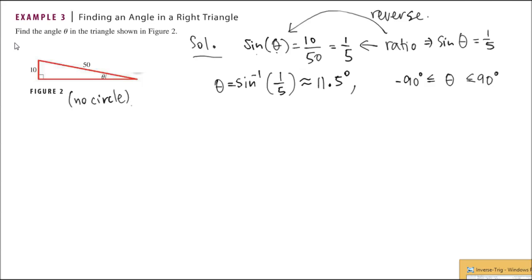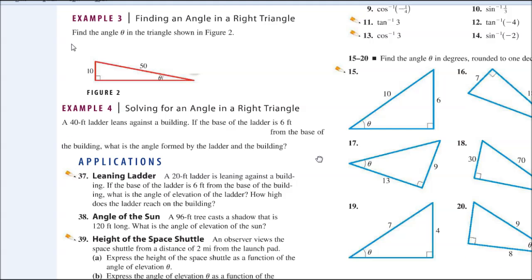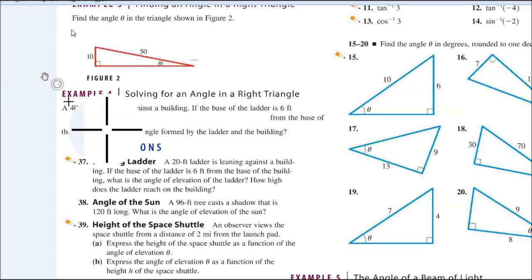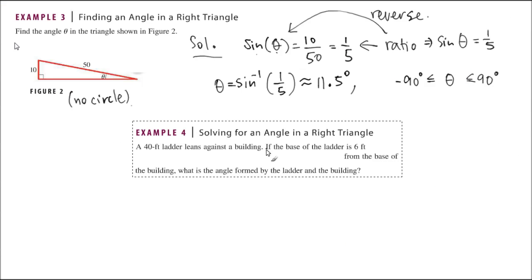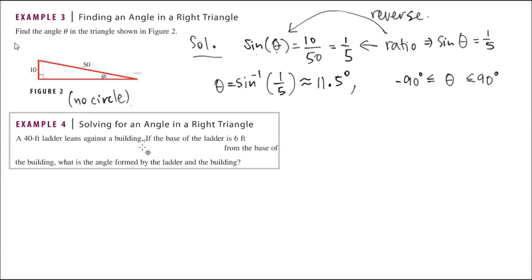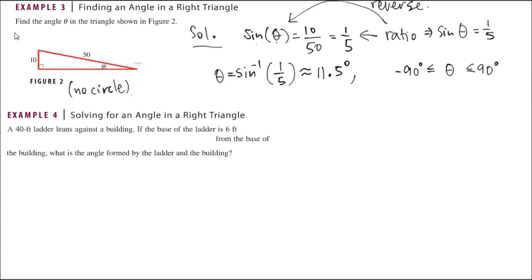So here's the second one. This requires sketching a little bit, but it's basically the same thing. So I hope you'll be able to sketch a picture and complete the problem. This is also an exercise.